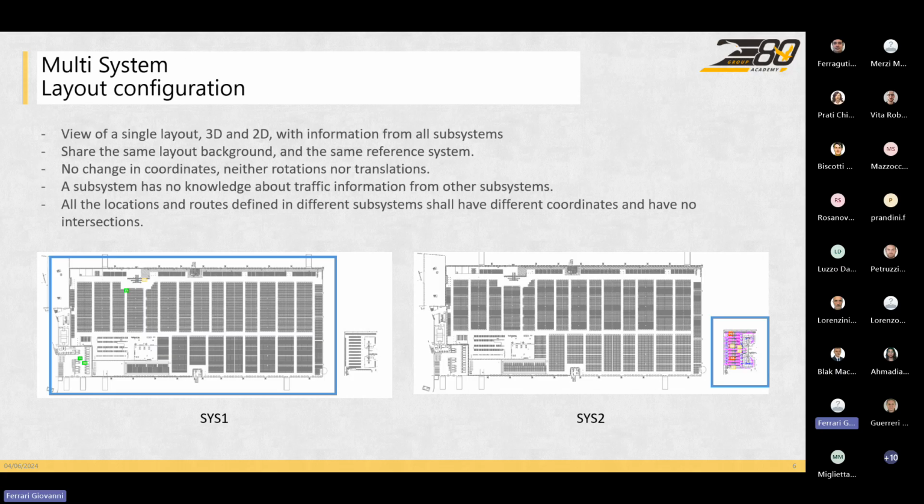Having multiple instances of SMART means that one instance will handle a subset of the LGVs that are in the warehouse, and the other instance will handle another subset of the LGVs that are in the warehouse. And each instance of SMART is managing the traffic of its own fleet, but it's not aware of the traffic or the information about another fleet. Okay, they are completely independent.